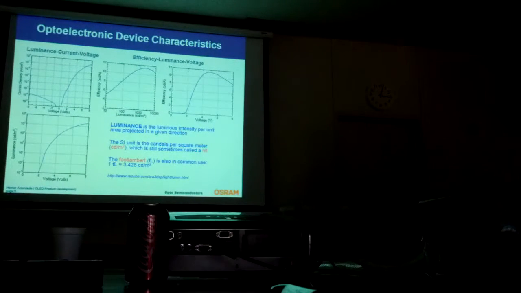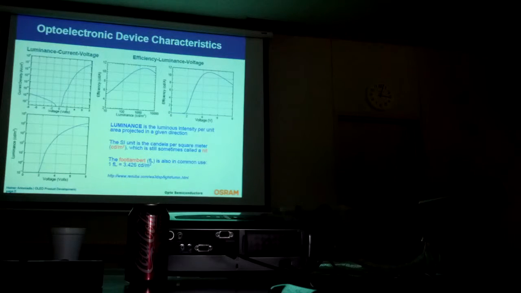And this is showing us the amount of output versus the voltage. And you can see that the output corresponds to the amount of bias applied, which is the same concept as you have in a standard LED.